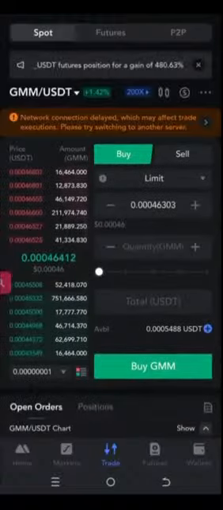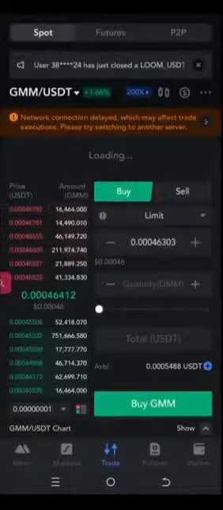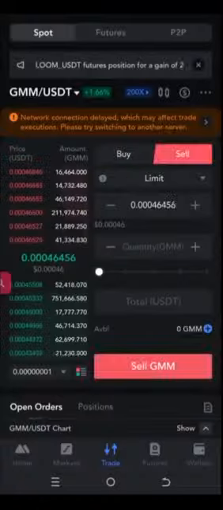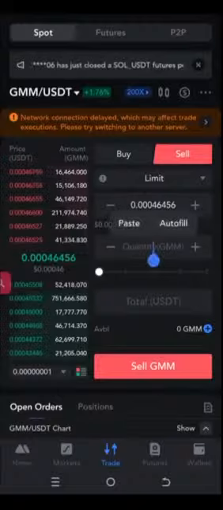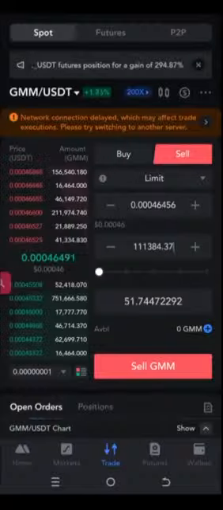Let me remove this one. So first off, this is the current price. Let's click on that. So we want to sell. Okay, this is the sell part. Click on that, and then we place in our GMM. Okay, oh, that's $1.74. That's looking like almost 3% plus.